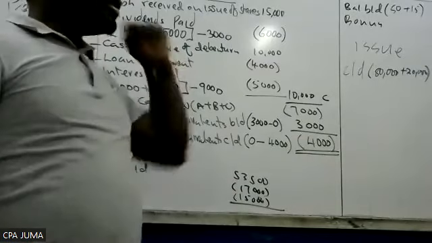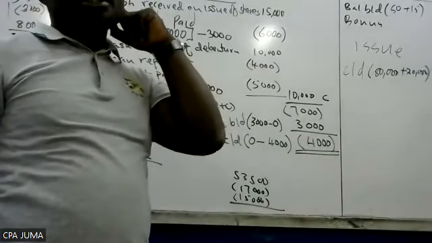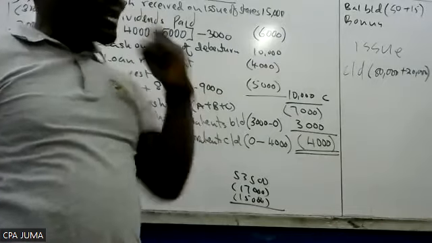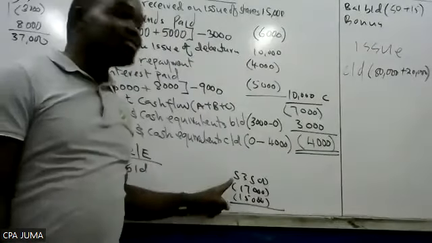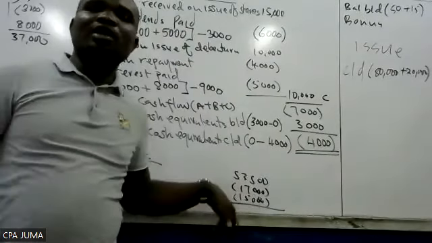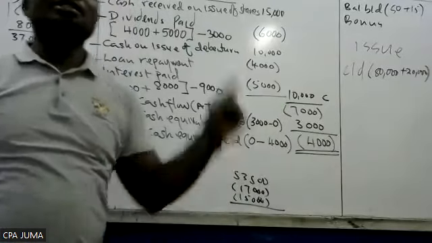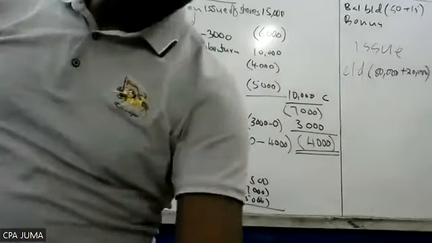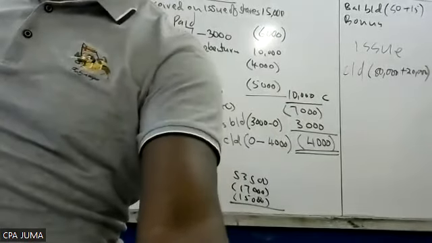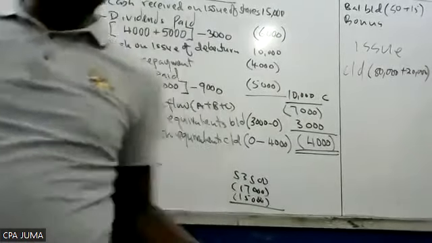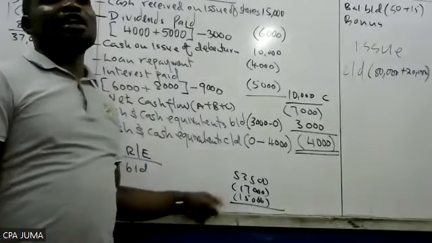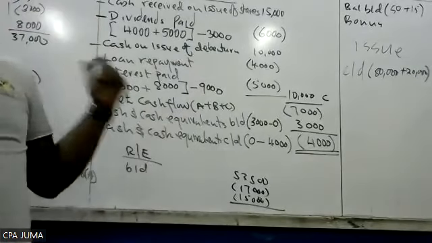The difference is the profit. Now the profit you get is profit after tax. Then that profit after tax, you add back tax to get profit before tax.